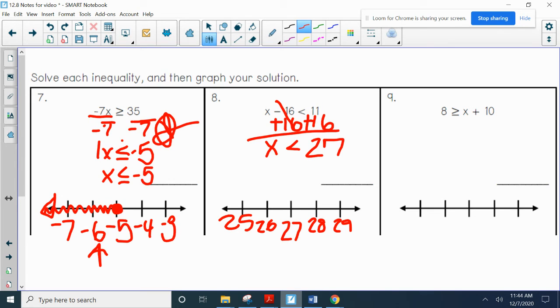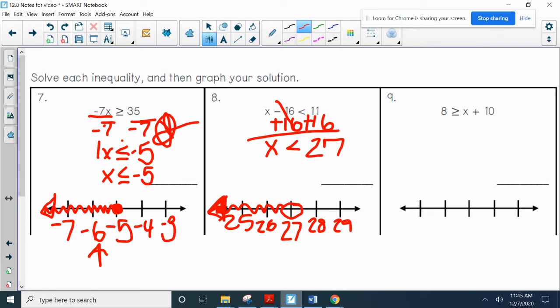We want all the numbers smaller than 27. Is 28 smaller than 27? No. Is 26 smaller than 27? Yes. So we're going to shade to the left, and I didn't circle it, so I'm going to go back and ask us. It's not or equal to, so I need to open our closed circle. That's right, open circle.